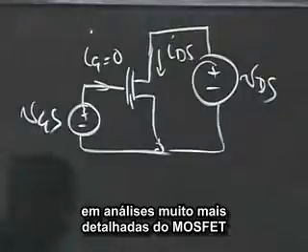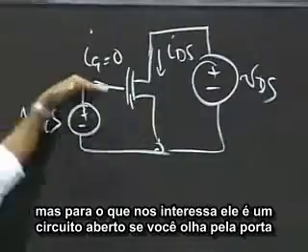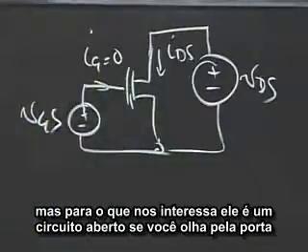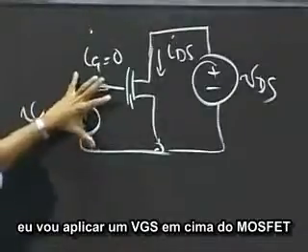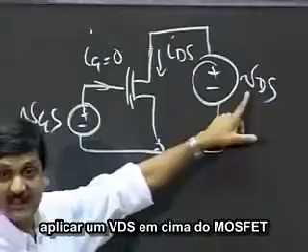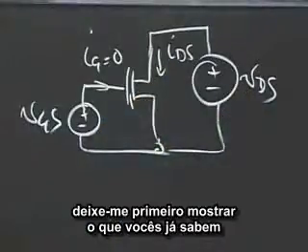In much more detailed analyses of the MOSFET in future courses, you may see slightly more complex behavior, but as far as we are concerned, it's an open circuit looking into the gate. So I'm going to apply a VGS across the MOSFET, apply a VDS across the MOSFET, and plot IDS versus VDS. So first let me show you what you already know.